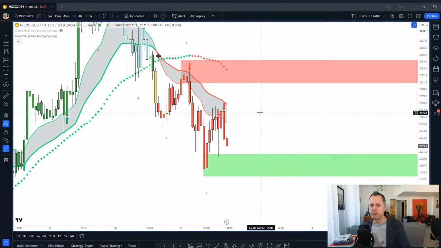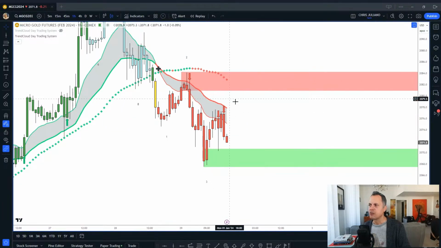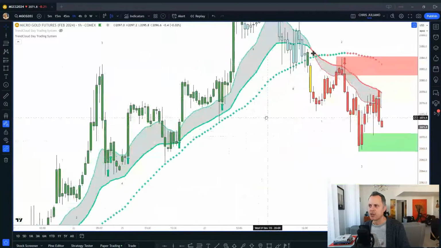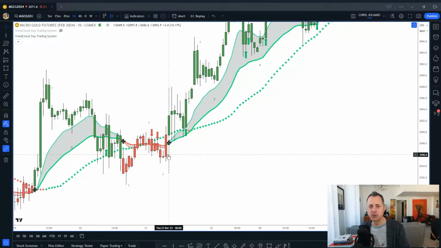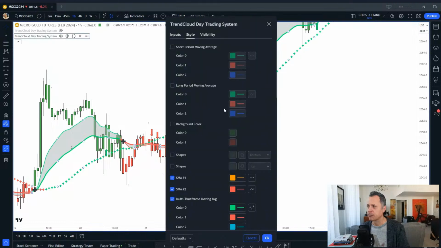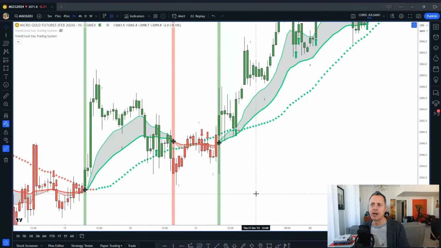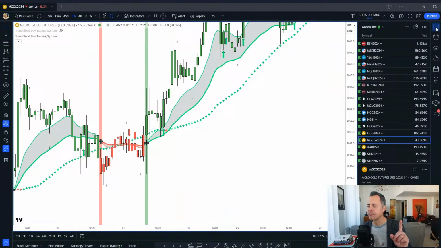And again, if you're a beginner, you can use TrendCloud for accumulating stocks. Put the TrendCloud on the 1-hour chart, and you just look for those accumulation points, right? You can turn on your background. Where am I buying Apple, right? We're not doing that on futures.